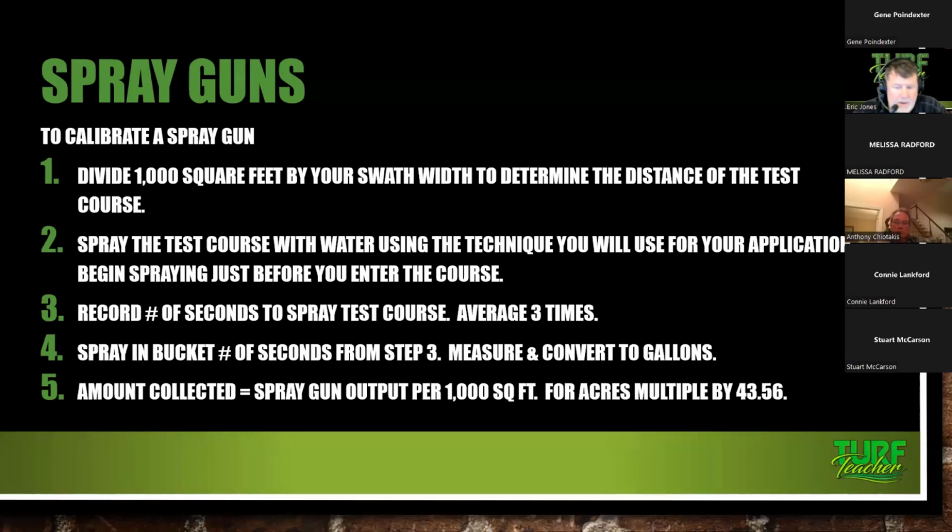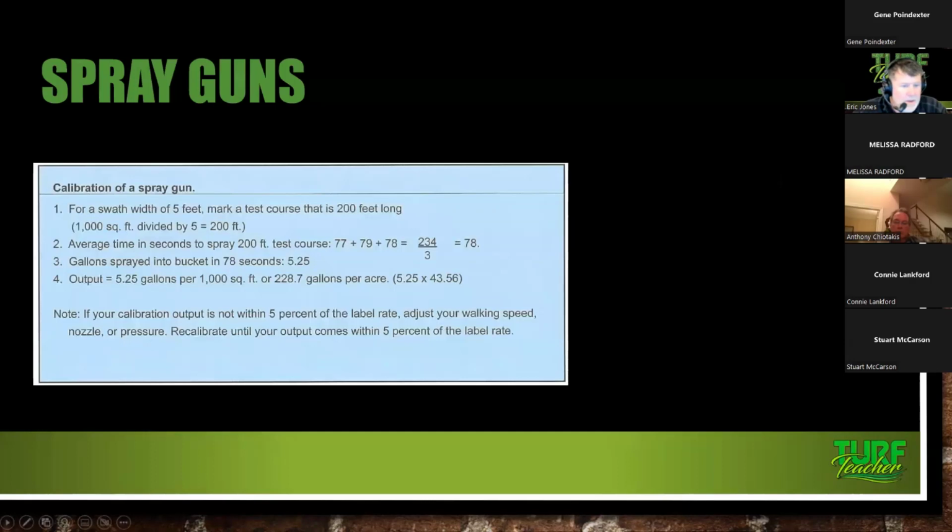If we're doing it for acres, we'll multiply by our factor of 43.56. And so here we're doing the first part of it. For a swath width of 5 feet, just left to right, 2.5 feet either way, we're going to mark a test course that is 200 feet long. 1,000 square feet divided by 5, we need that test course of 200 feet. The average time in seconds to spray this test course was 77, 79, 78, which averaged 78.